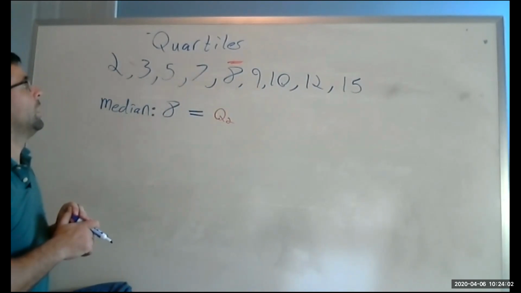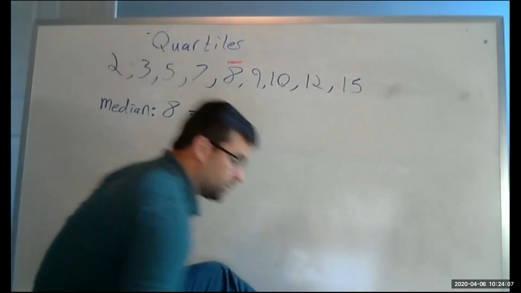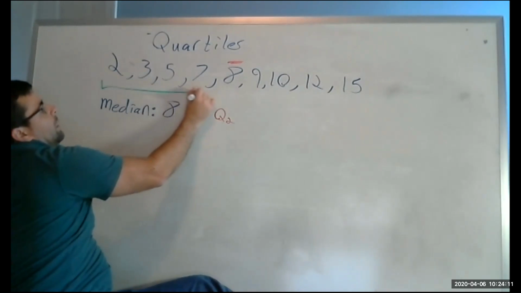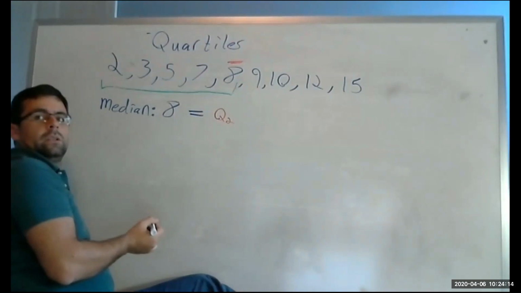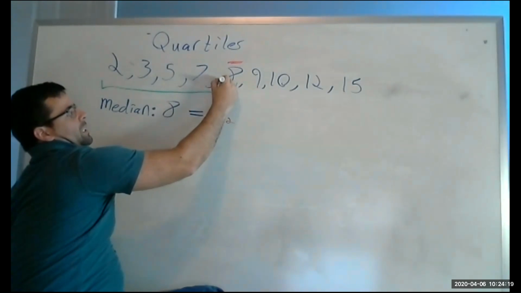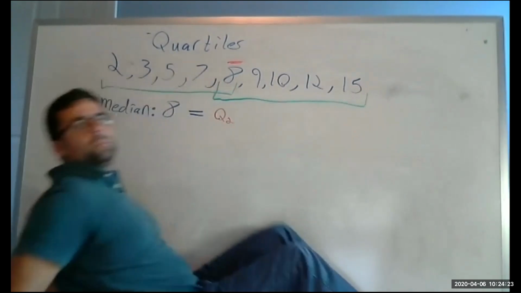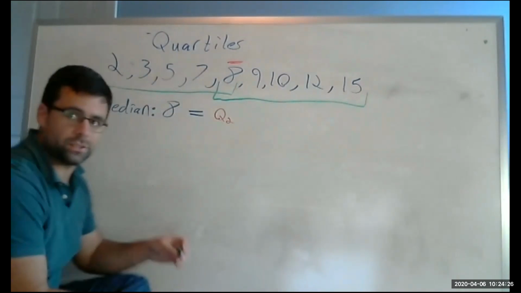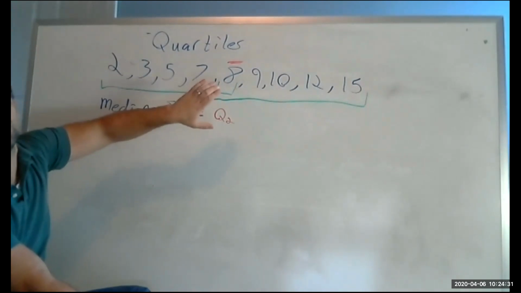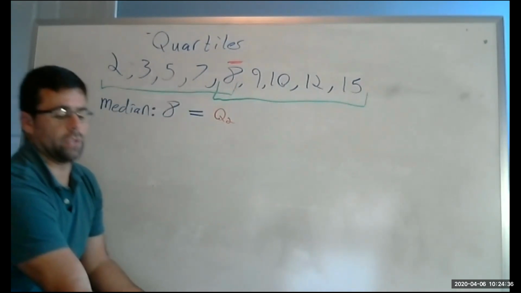So the first half of data is this, and then the second half of data is this. So we've got the first and second half. Remember, you include the median if there's an odd number of total terms.